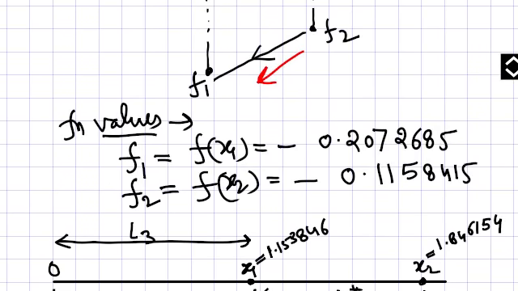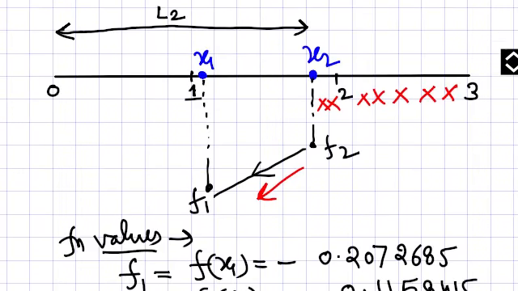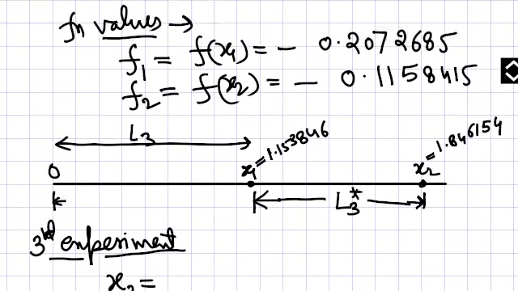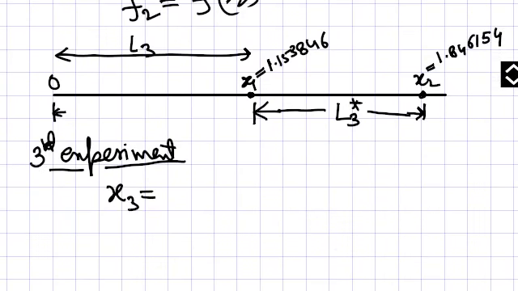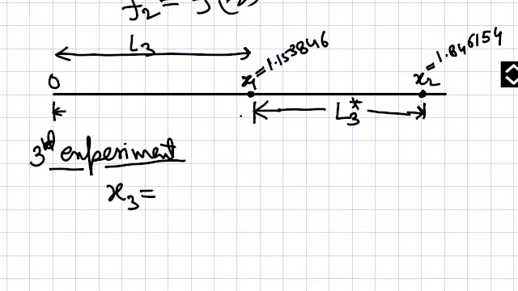Here you can see this is the L2 distance, and now here comes the L3 distance. So x3 will be somewhere here, at equal distance from these end points, and this distance will be L3. These 2 points are taken at equal distance from the end points.